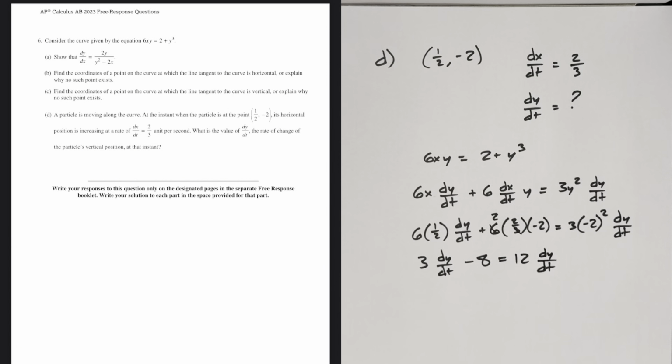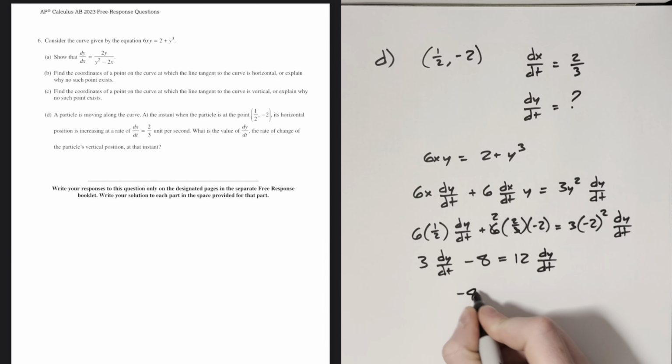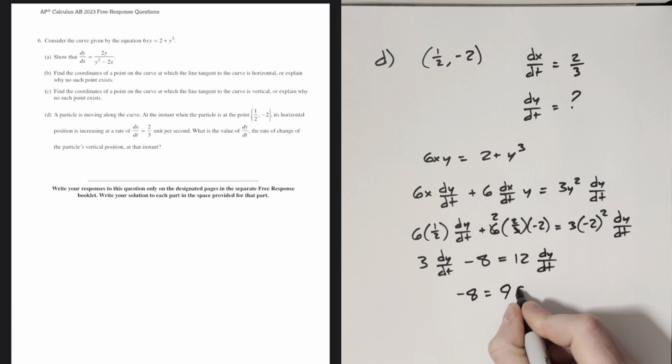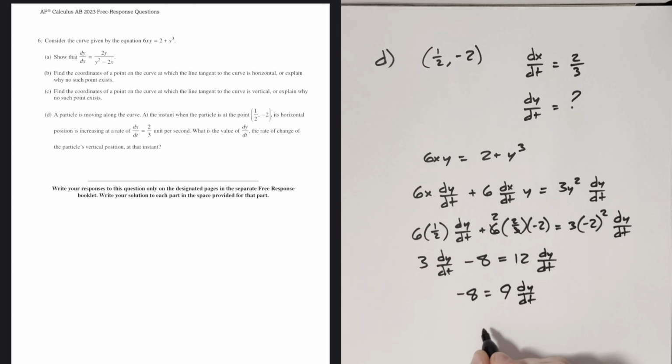All we have to do now is isolate dy dt. I subtract this over, and I get -8 equals 9 dy dt. I divide by 9, and I get dy dt equals -8/9.